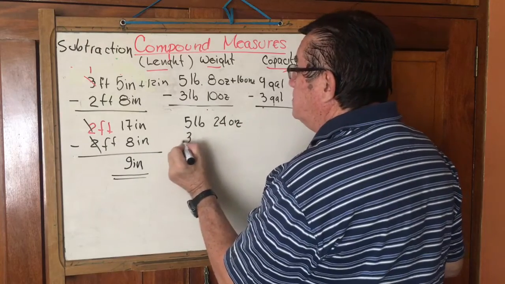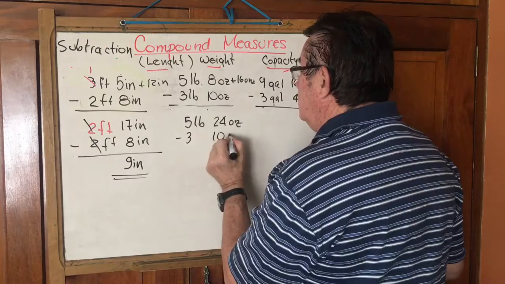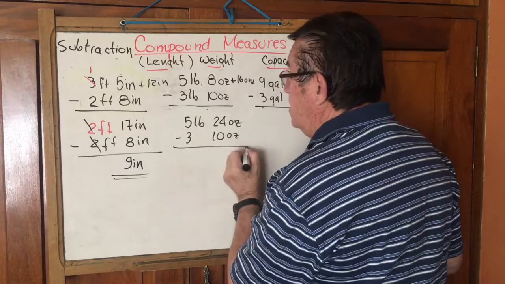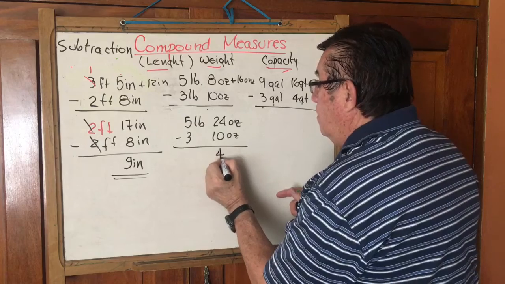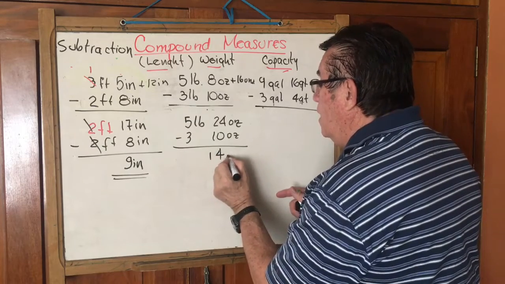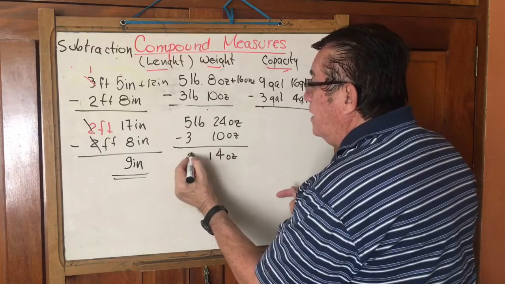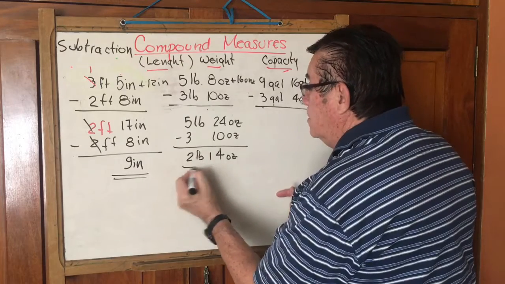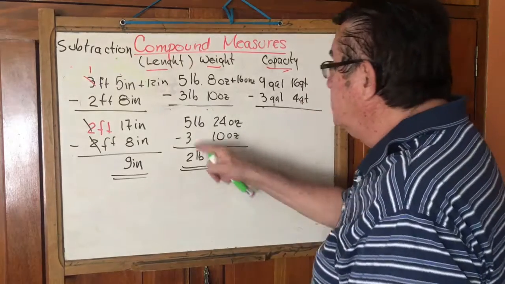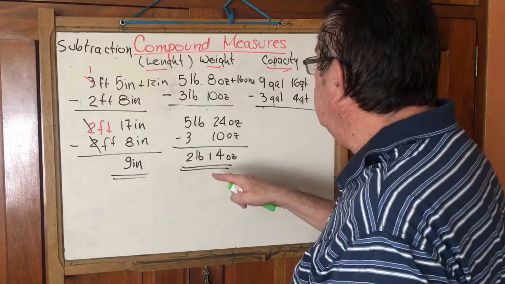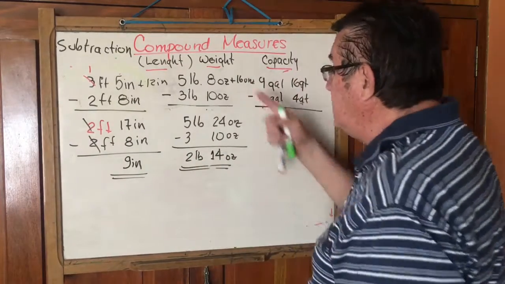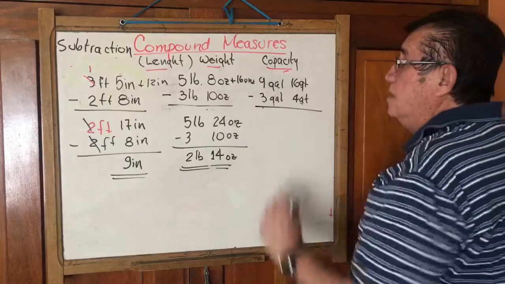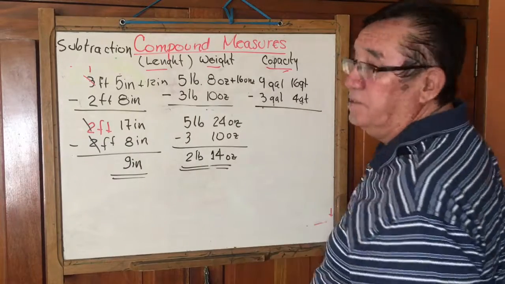And now I can subtract this very easily. And I have 4 and 1 ounce. And here I have 2 pounds. So my final answer is 2 pounds and 14 ounces. Very simple, right? I have to remember very clearly which are the units.